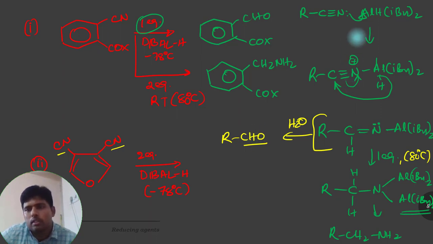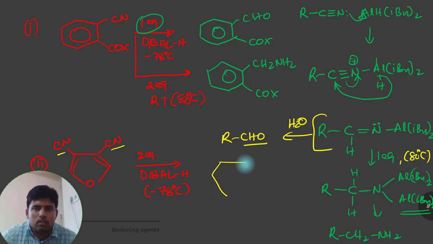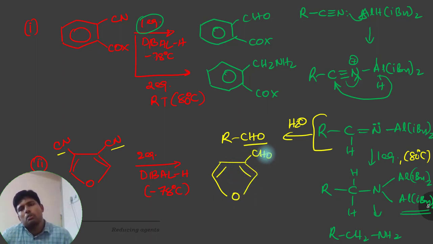High temperature, and you should have an extra one equivalent of DIBALH also. In that case, we form this product. So here there is only two equivalent of DIBALH and low temperature, so it is expected to form only CHO, CHO. So this will be the product.